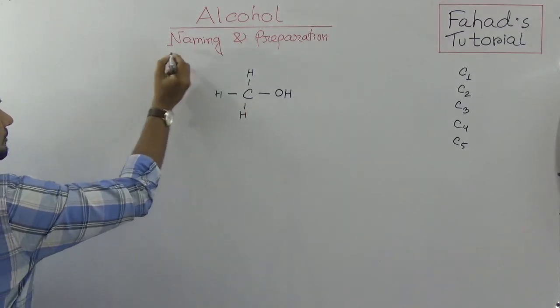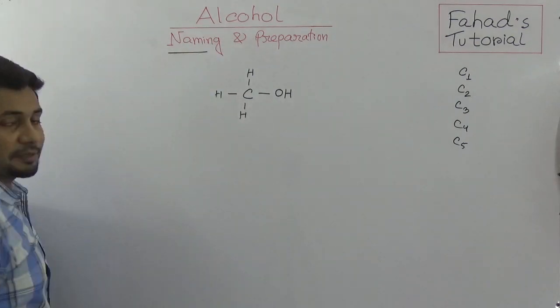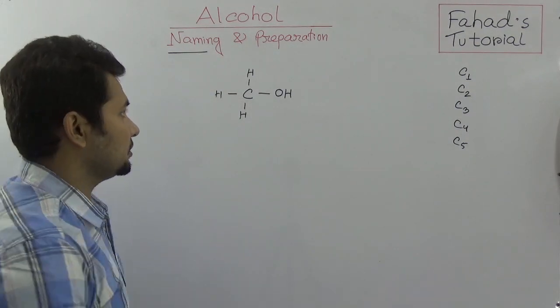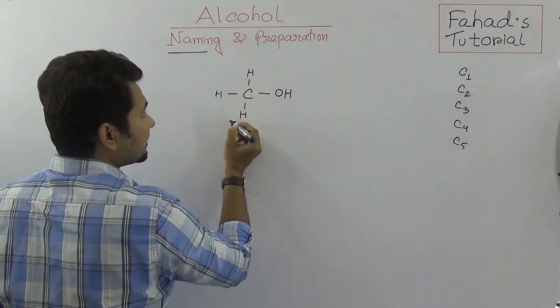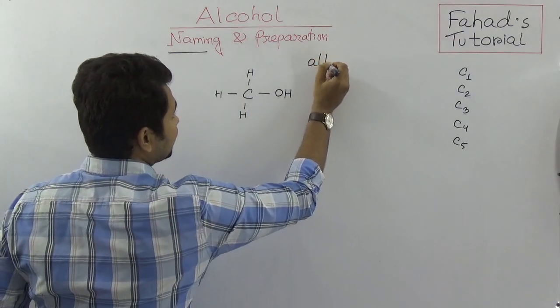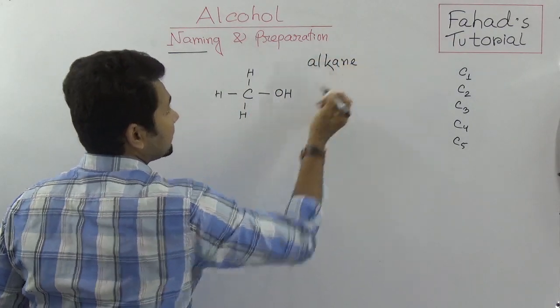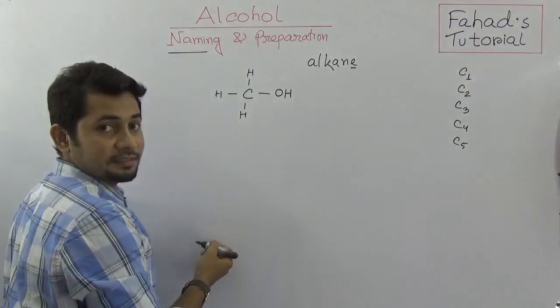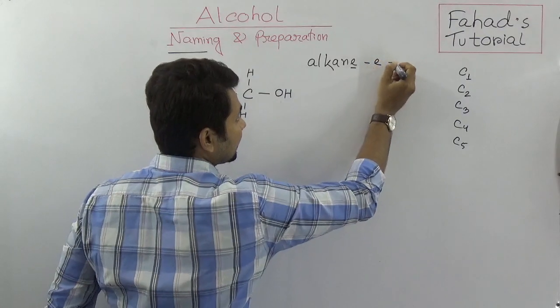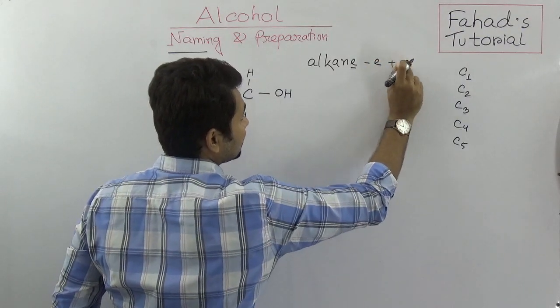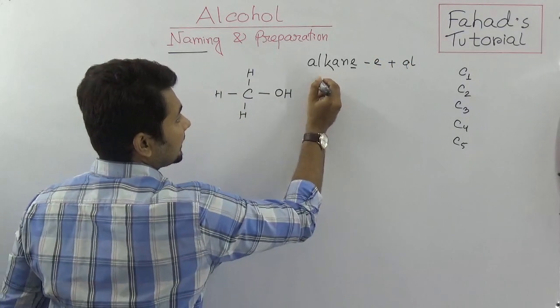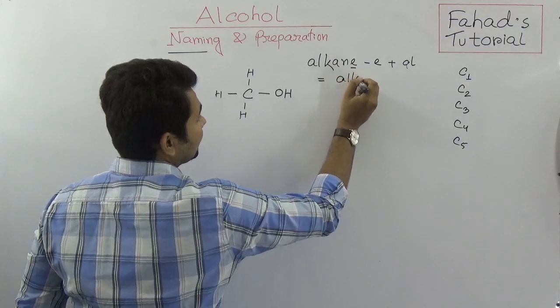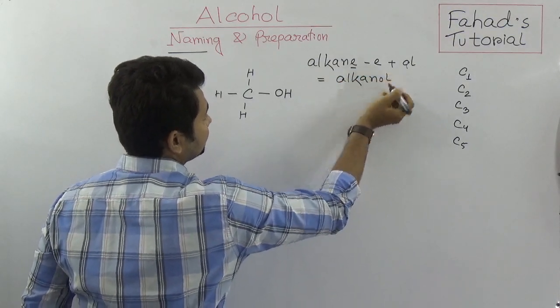Well, and now if you just focus on naming, what to do? In case of naming, first there is alkane, and then this E would be omitted, so E would be gone, and then with that ol would be added, so that is called alkanol.